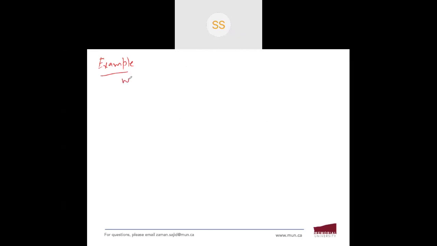Now, for example, when a die is tossed, each element of the sample space has equal probability.